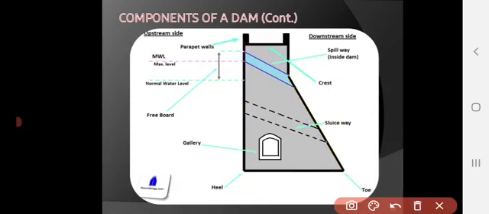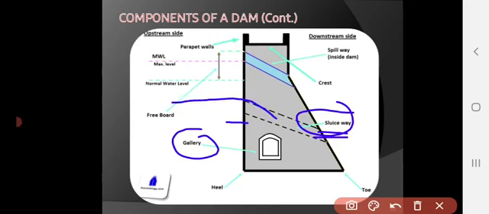Now, within the dam section, two openings are there. One is the spillway and the second is the gallery. The spillway is a lower level outlet within the dam body, to pass water from the reservoir when needed. The gallery is a different thing.